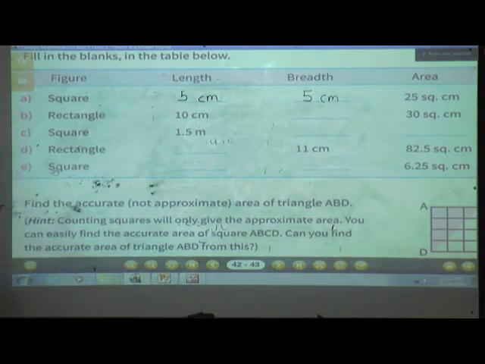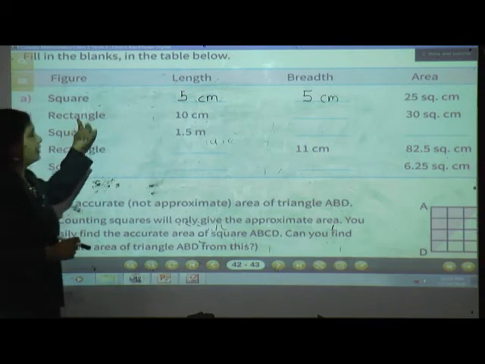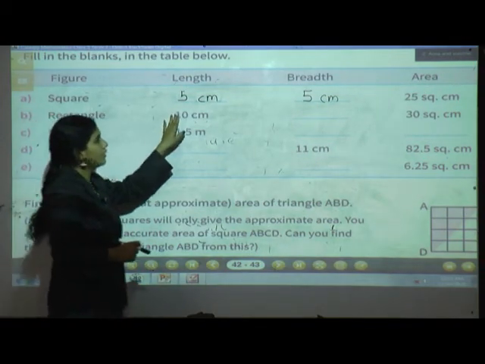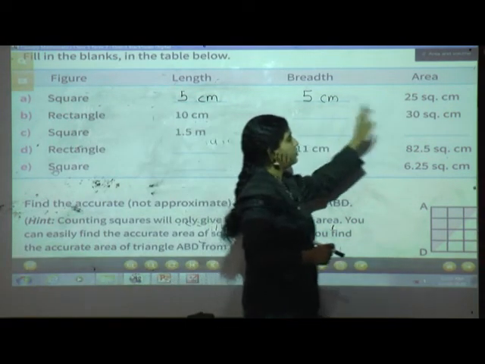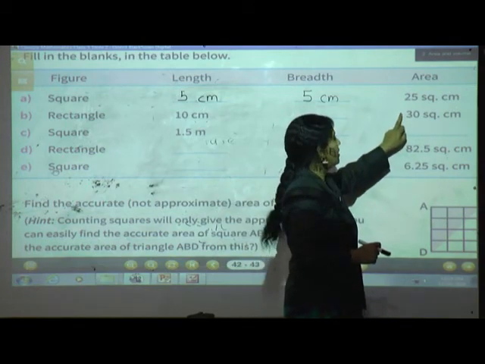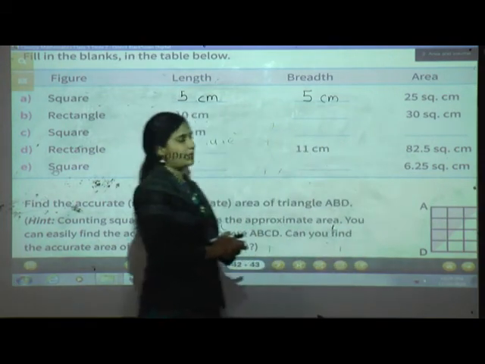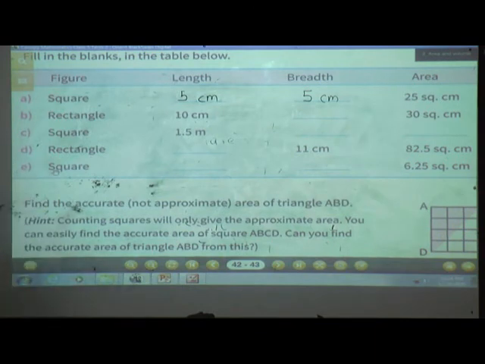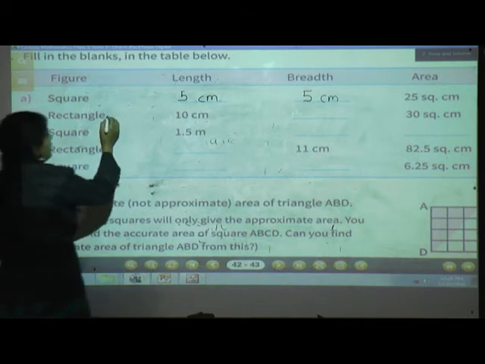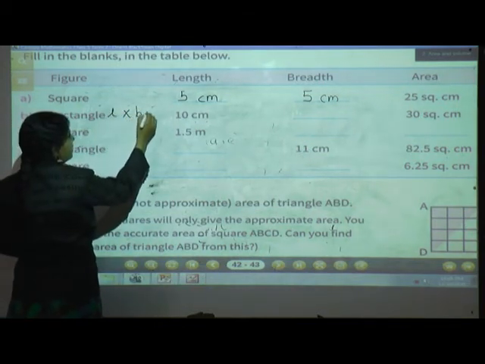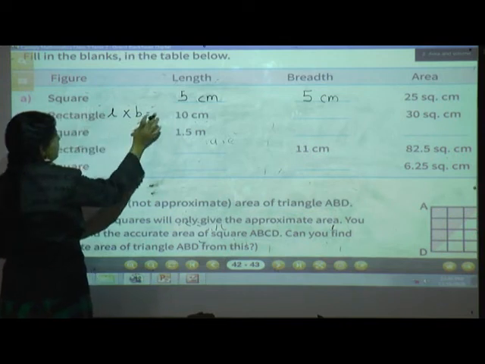Now students, rectangle. Here is a figure named rectangle. They have given us length. We don't know breadth, but we know the area. Area is 30 square centimeter. So use the formula. What is the formula? Length into breadth. So here L into B is equal to area of rectangle.